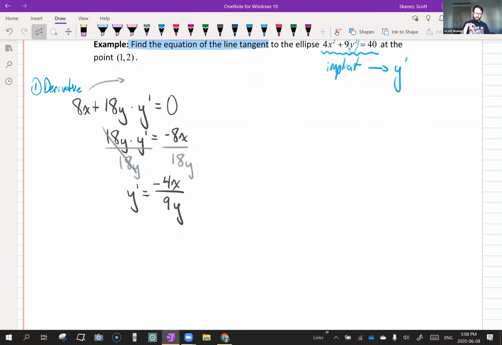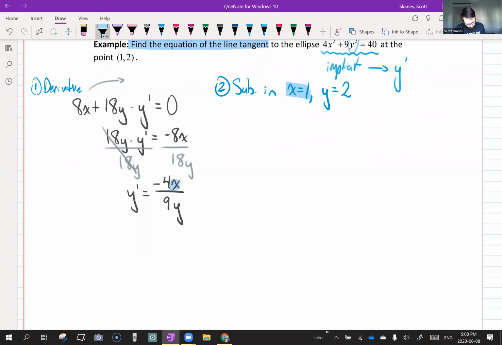What am I going to do next? Well, this is the equation that gives me the slope. And so if I put in, my second step, I can substitute in two values, x equals 1 and y equals 2. Because you'll hopefully see that this is an implicit question, and I have y and x. So just be careful.